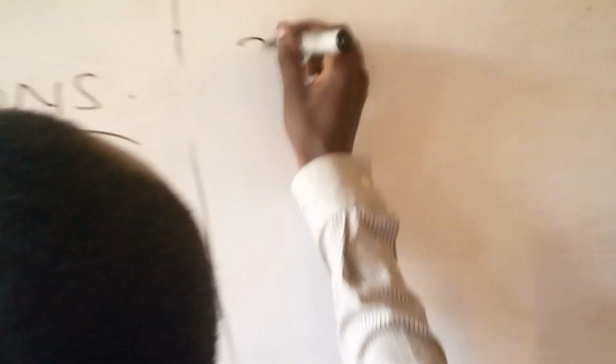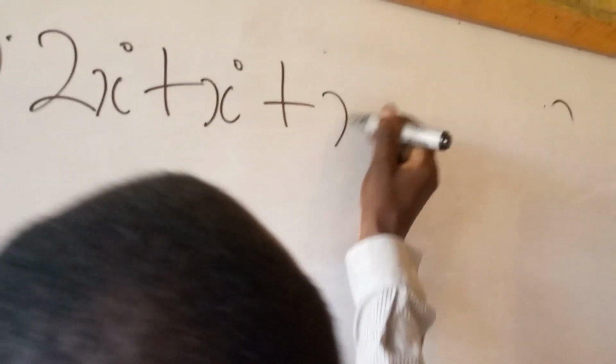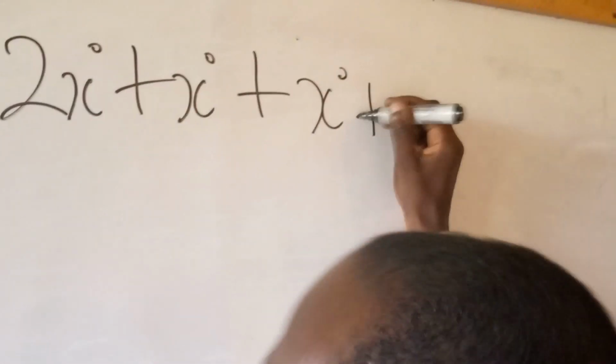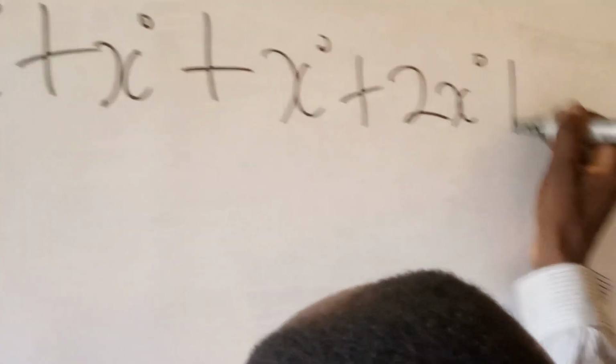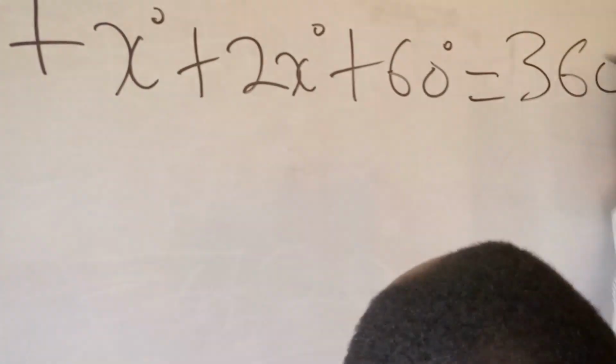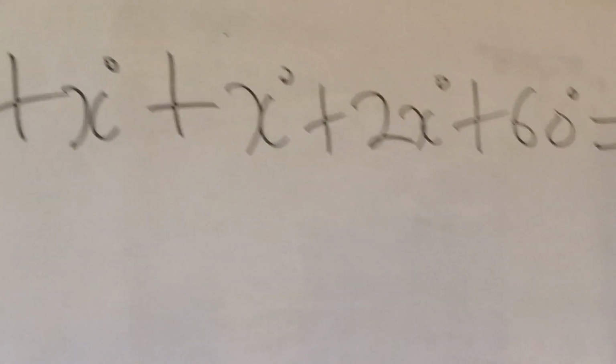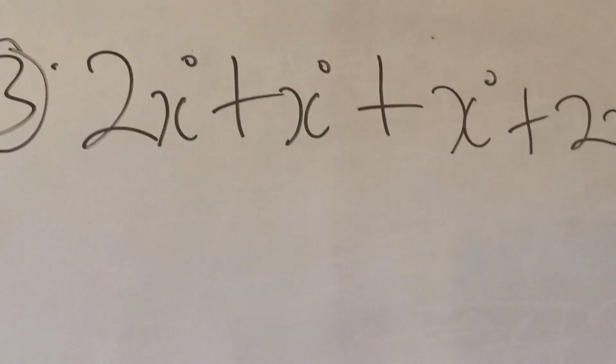So it is 2x plus x plus x plus 2x plus 60 is equal to what? 360 degrees, because we know that the sum of exterior angles is 360 degrees.